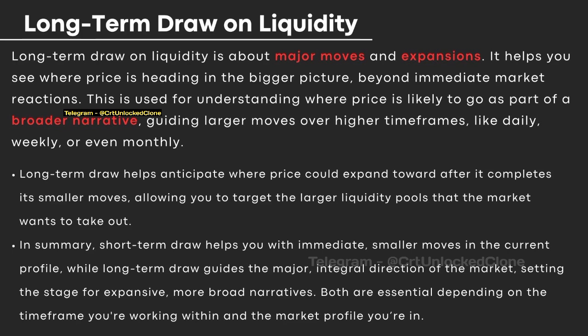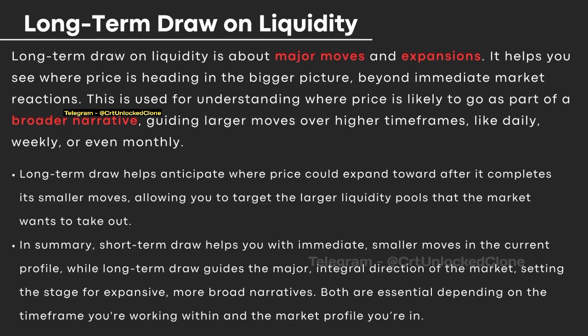Here is the summary. Short-term drawn liquidity helps you with immediate smaller moves in the current market profile, while long-term drawn liquidity guides you towards the major integral direction of the market and sets the tone and stage for major expansions and broader narratives. And knowing about both of them is essential and important, right?